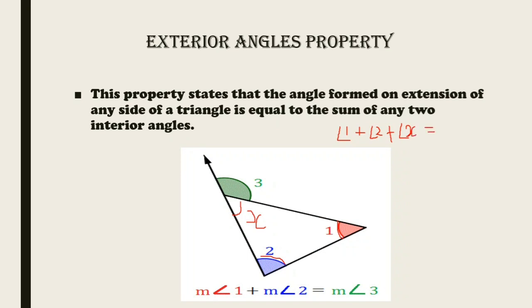So we can write angle x is equal to 180 minus (angle 1 plus angle 2).